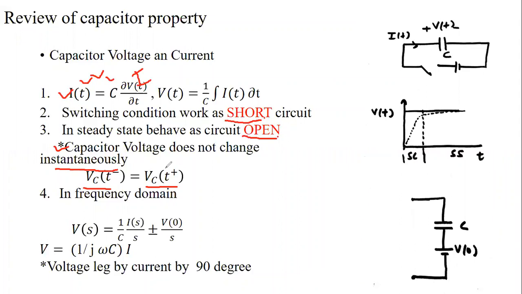So here we are saying that capacitor voltage does not change instantaneously, while in the case of inductor, current does not change instantaneously. We will use this concept to solve the numerical problem. Now, these first, second, and third properties are in the time domain.